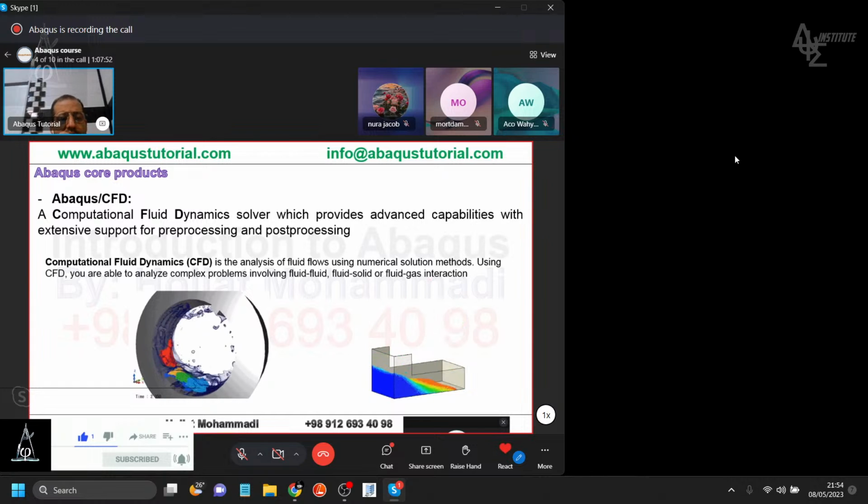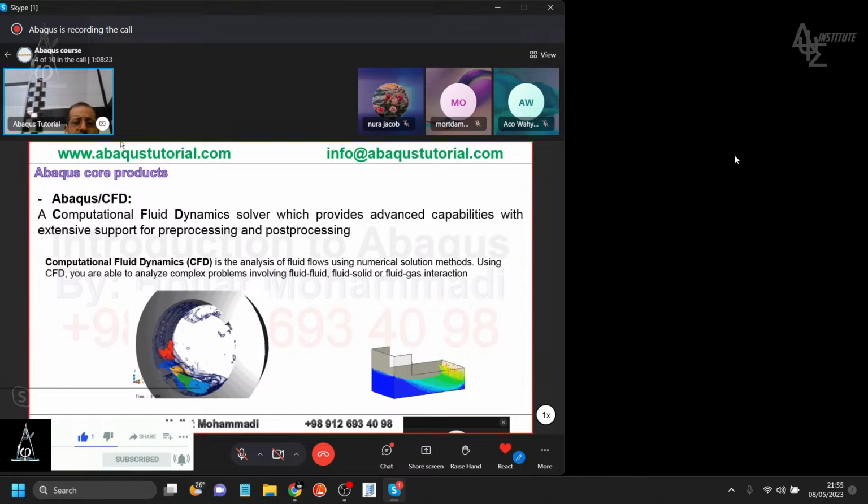Okay, CFD is one of the popular and precise methods to define fluids, but we can use CEL, coupled Eulerian-Lagrangian method, or SPH method to define fluids in ABAQUS.